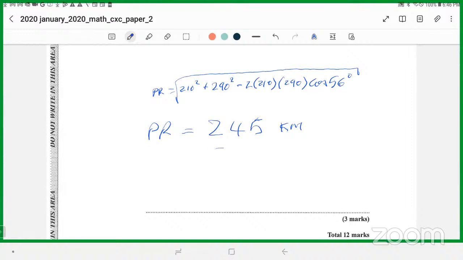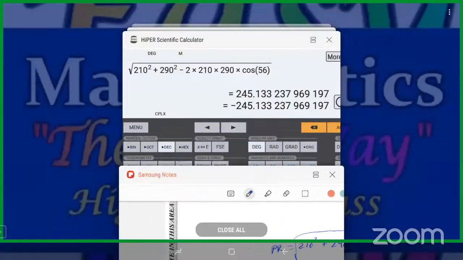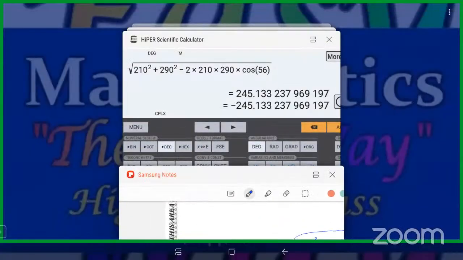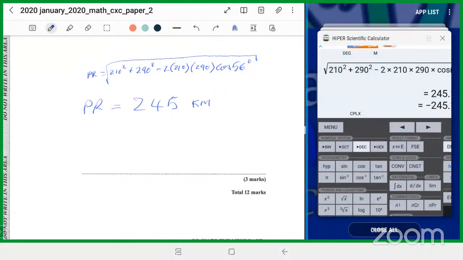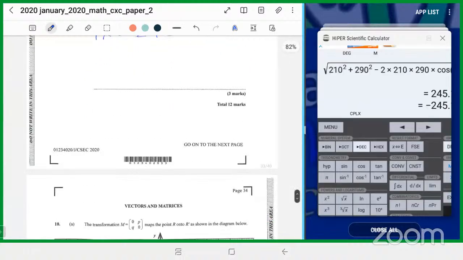If you put the point, whatever, you're not going to lose marks. But the standard is 3 significant figures. When in doubt, give your answer correct to 3 significant figures.